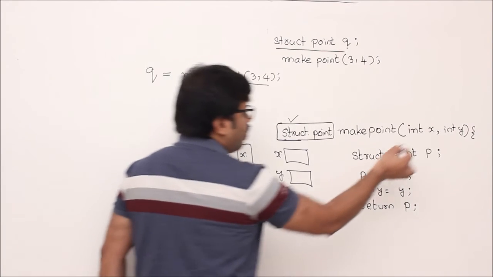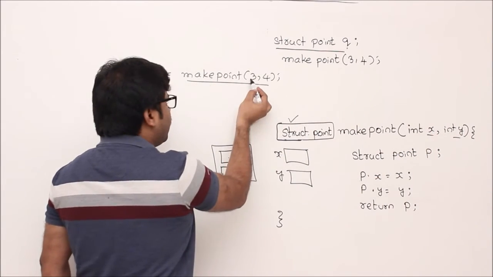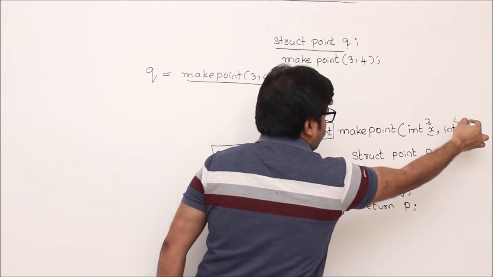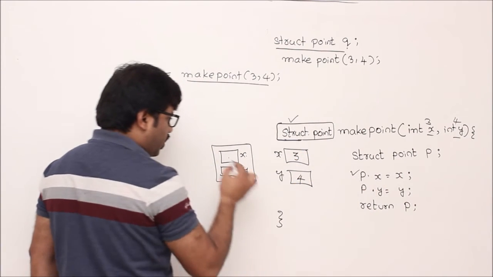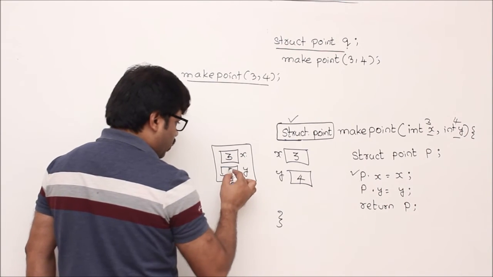So what is X and Y now? Whenever we call make point, X gets 3, Y gets 4, isn't it? Then when you do P dot X equal to X, this will become 3 and this will become 4.